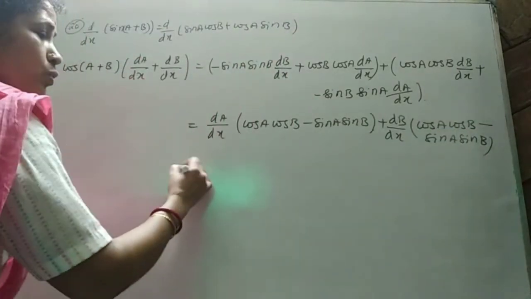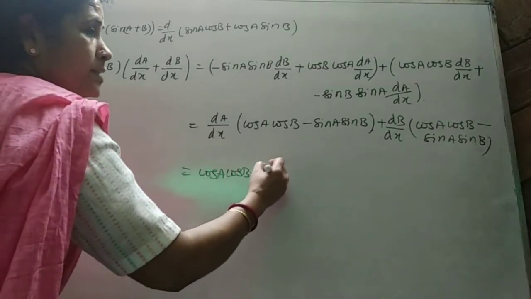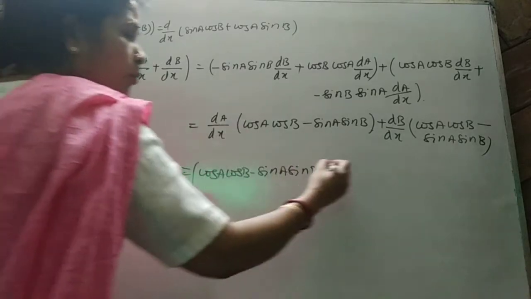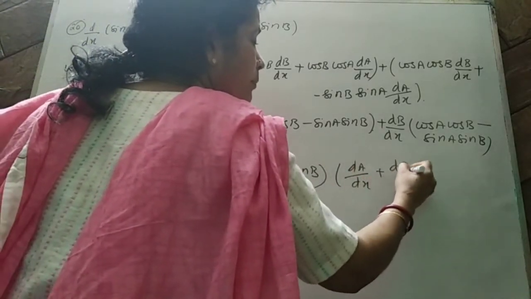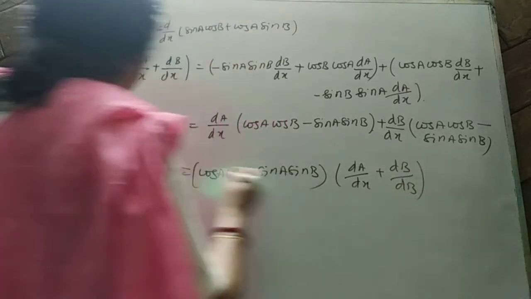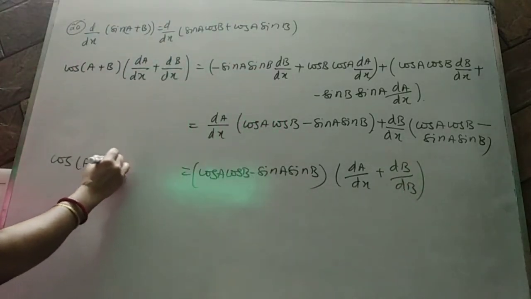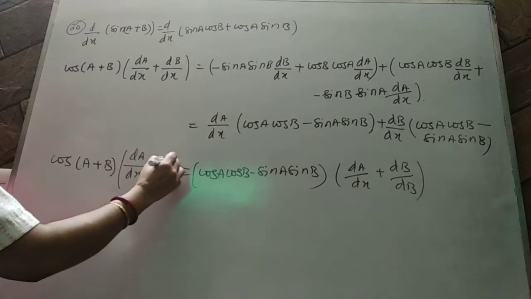So now I think in both terms cos A cos B minus sin A sin B is common. So if I take it out, here we have dA by dx, here we have dB by dx. Now the left hand side has cos(A plus B) into dA by dx plus dB by dx.